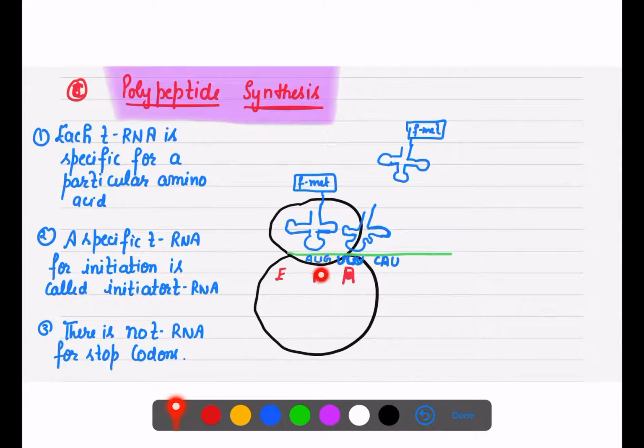So first we have to concentrate on this AUG and UUU. Now it is clear that methionine will not be received at the A end, it will always be received at the P end, and then the next amino acid will be received by the aminoacyl site. So this is how chain formation starts.